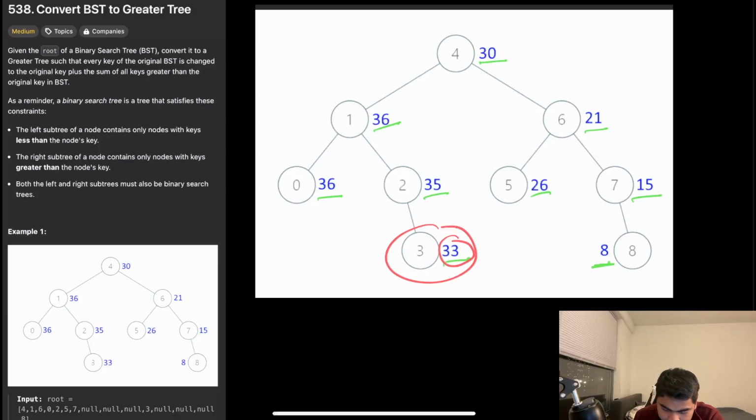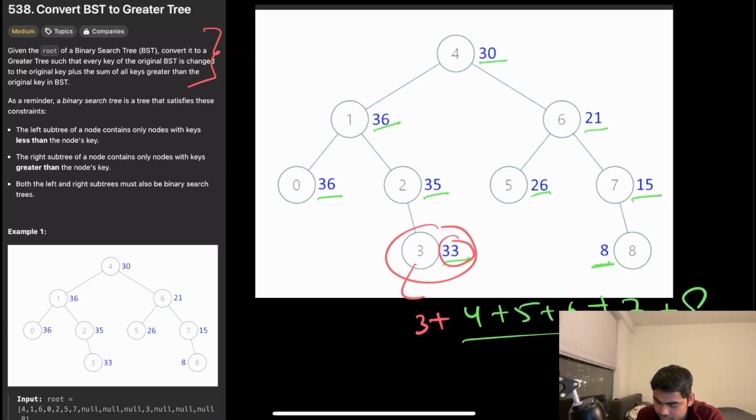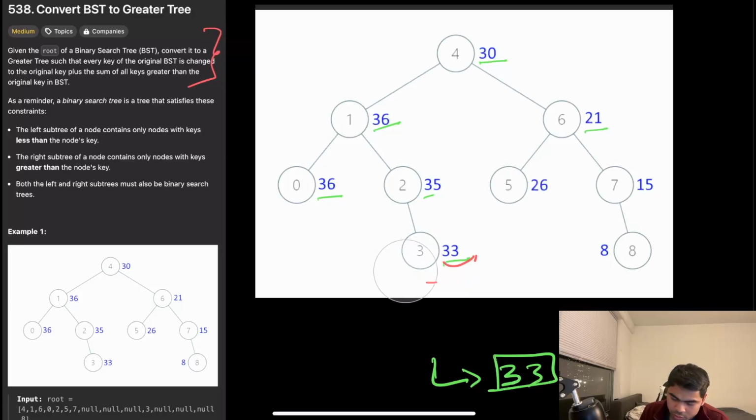Why 33? As in the definition, a greater tree adds this key 3 plus all the values greater than it, which are 4, 5, 6, 7, and 8. They are coming from this tree: all the nodes greater than 3 and its own value add up to 33. And that applies to all the nodes.